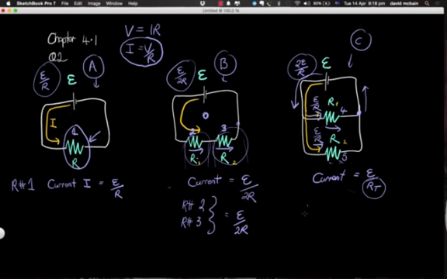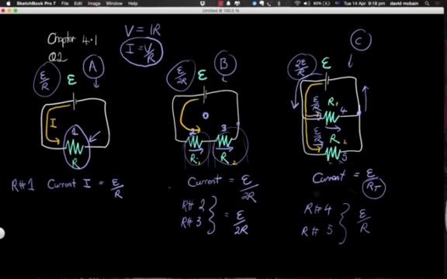So resistor number 4 and resistor number 5, the current going through each of those resistors will be E over R. So to answer the question, which resistor or resistors has the highest current flowing through it?